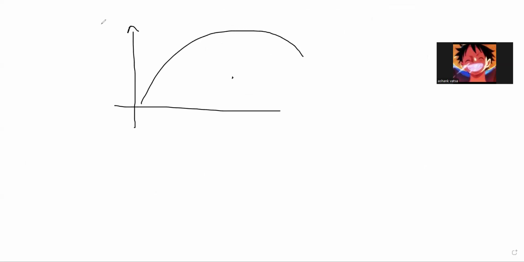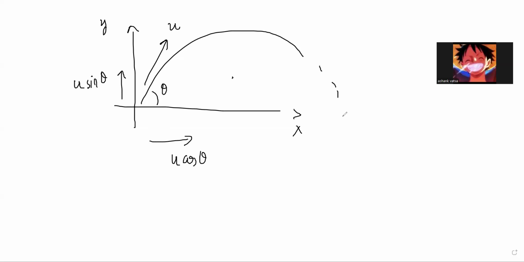So the point is, every time we are deriving the result on the basis of splitting the motion into y and x direction motion. Your initial u was u cos theta in x, u sin theta in y, and the angle was theta. And we can find everything if you just focus on, okay, if I want to find time of flight, I need to make sure that the displacement in y becomes 0, right?